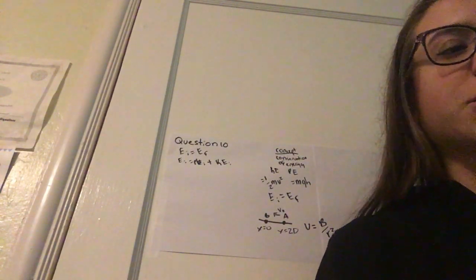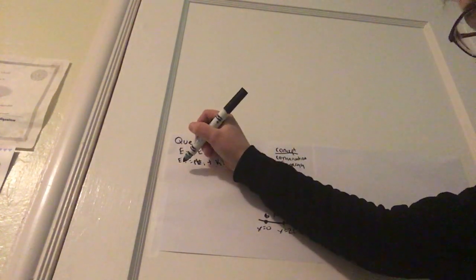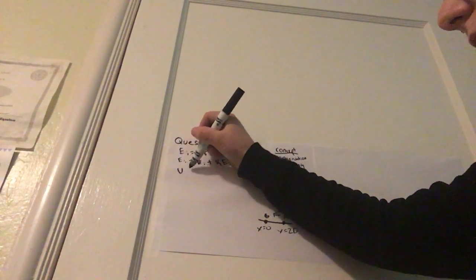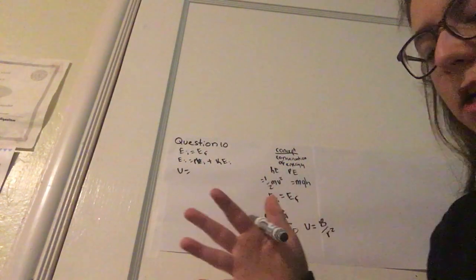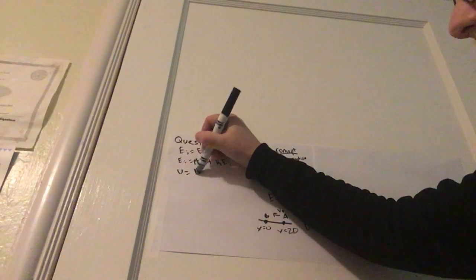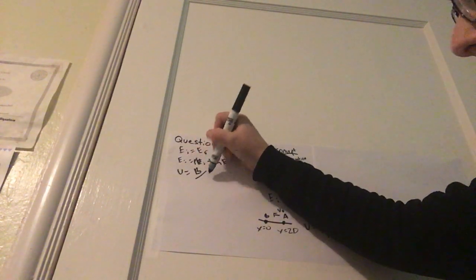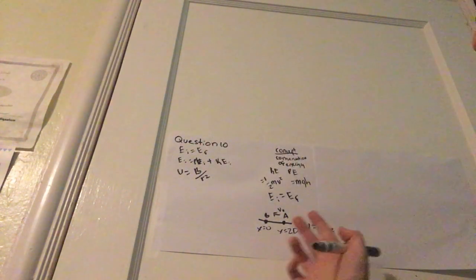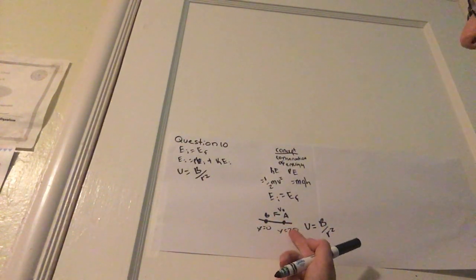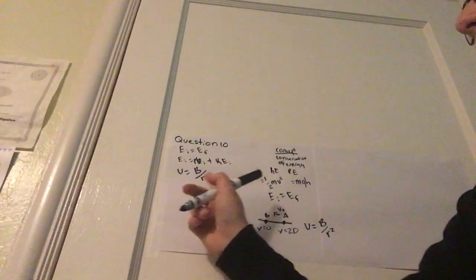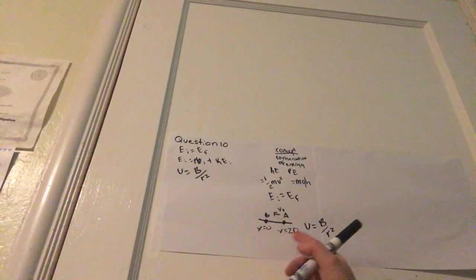Okay, so for the initial potential energy, in the question they say that the potential energy in this situation is beta over r squared. Now, they say in the problem that A is located 2d away from B, so we know that r is going to be 2d.